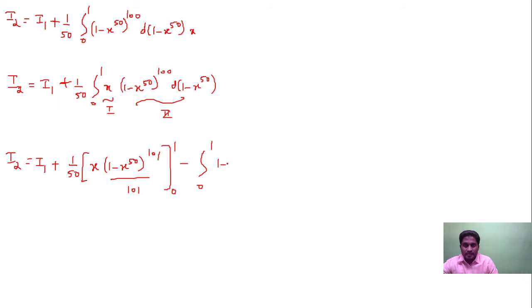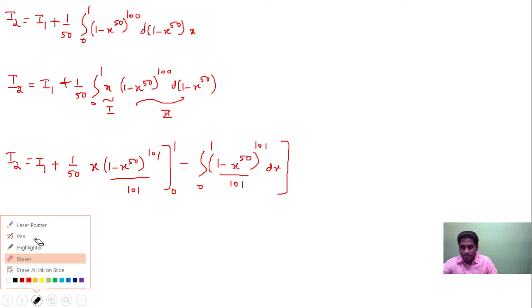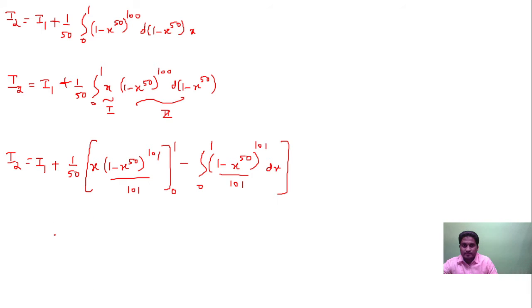I'm integrating (1 minus x to the power of 50) with respect to (1 minus x to the power of 50). Then differentiation of x is 1. So this entire thing is multiplied by 1 upon 50, so don't forget that.